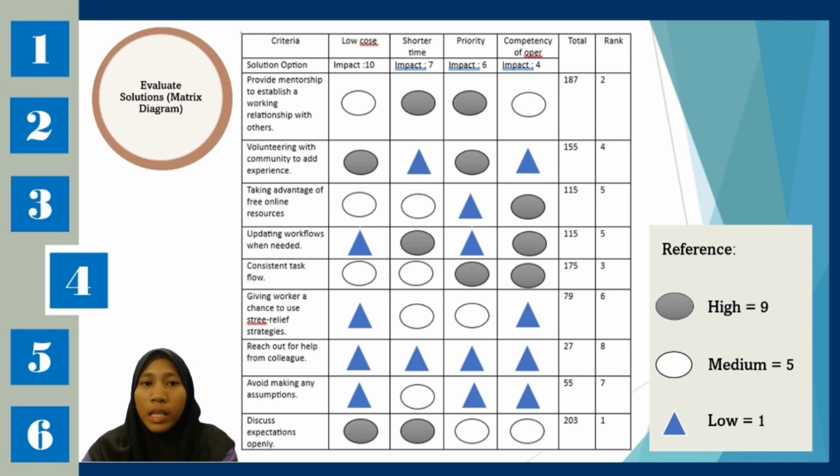For example, the calculation of the higher solution: open bracket 9 times 10 close bracket plus open bracket 9 times 7 close bracket plus open bracket 5 times 6 close bracket plus open bracket 5 times 4 close bracket equal 203 marks. The solution option must be solved at first since it is the first ranking among the 12 solutions.